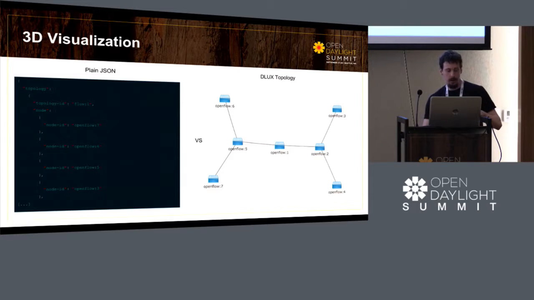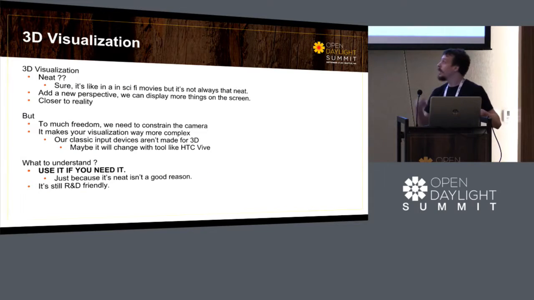So now we can have a bigger picture of why do 3D visualization. Because of the new perspective that it adds, you have depth, so you're able to display even more information than before.